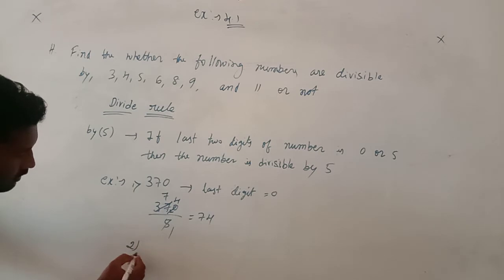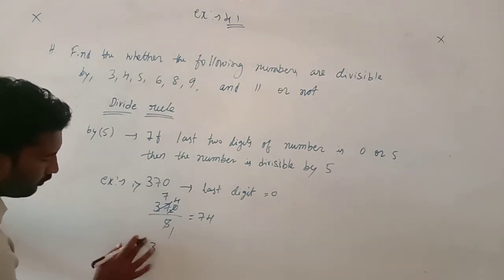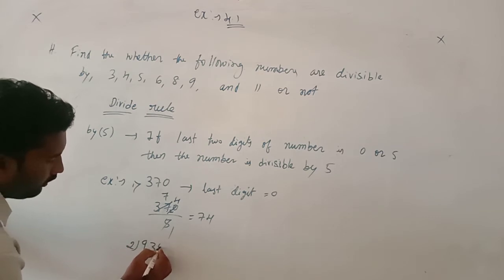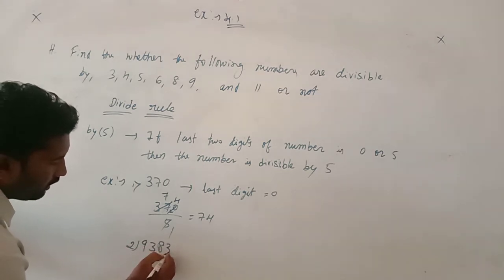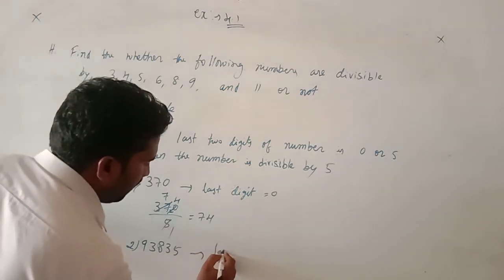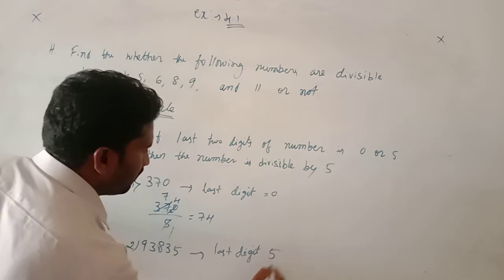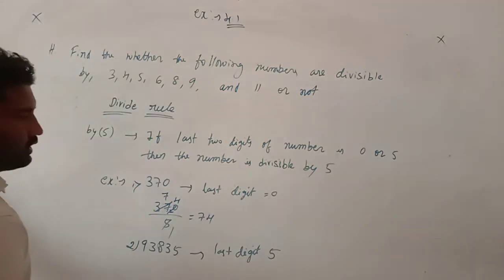Second one, 93835. What is the last digit? The last digit is 5.